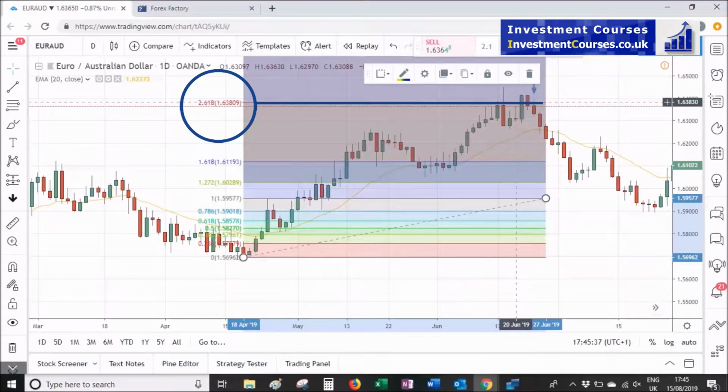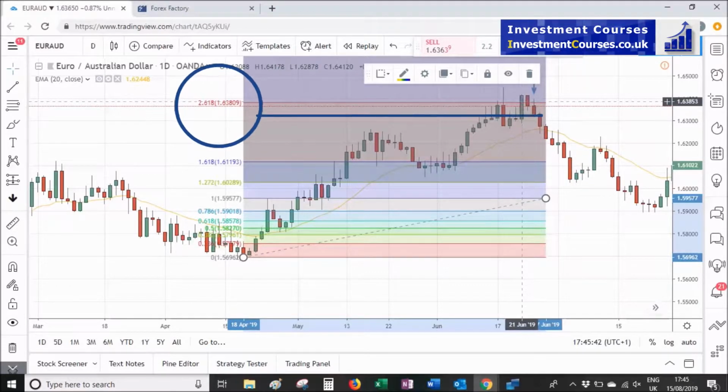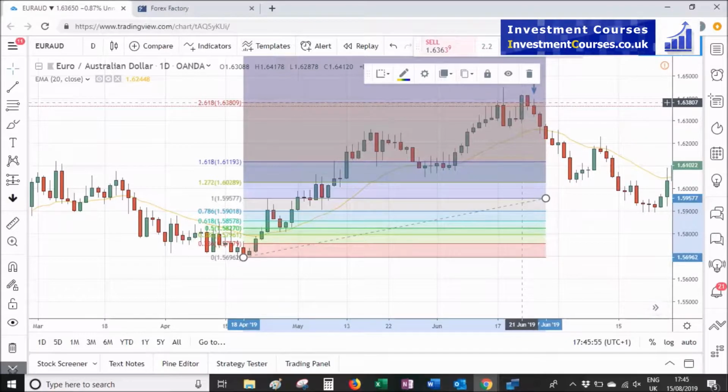So this is another signal. Not only was wave 5 finished based on the Elliott wave analysis, but the movement of the price was now 261% of its initial movement, which is a great movement, and we think this is the end of the price going forward. The other thing I can do is, we know that wave 5 is going to be almost 100 or 127% of wave 1.